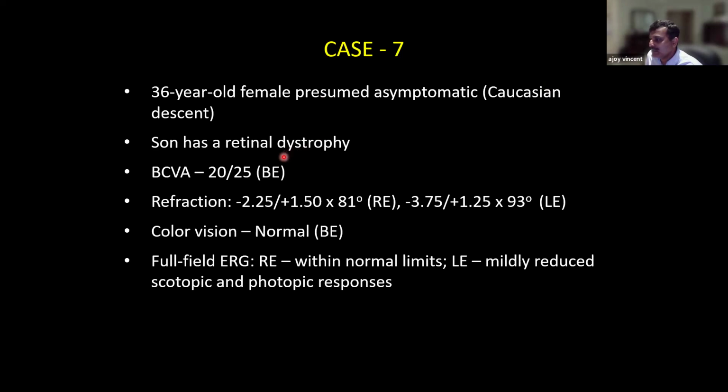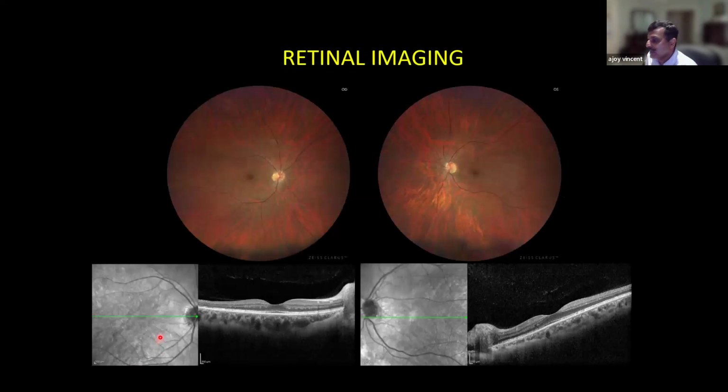Her son has a retinal dystrophy. Best corrected vision is good, mild myopic refractive error, right eye full field ERG is normal, left eye is mildly reduced. And these are the fundus changes. On the OCT, you can see some localized, very minimal ellipsoid zone and outer segment changes. The fundus looks a bit tessellated.